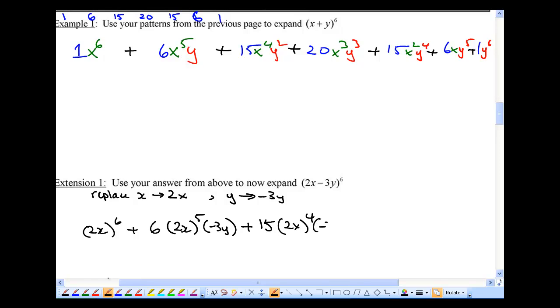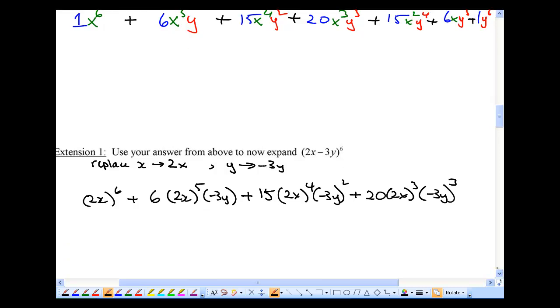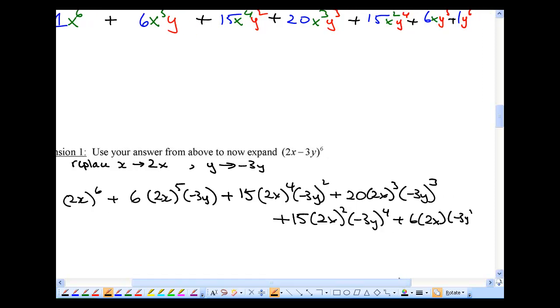Instead of y, it's now negative 3y to the power 2. We'll continue on. 20, 2x to the power 3, negative 3y to the power 3. And then plus 15, 2x to the power 2, negative 3y to the power 4, plus 6 times 2x times negative 3y to the power 5, and then plus negative 3y to the power 6.